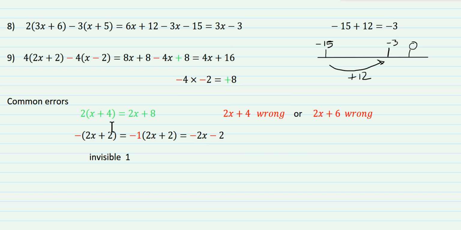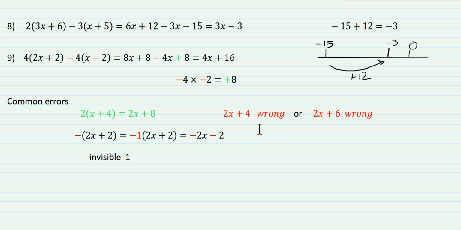Now a common error students make will be explained here. 2 into x plus 4 is actually 2 times x, so it's 2x, then the 2 times the 4, which is 8, so it's 2x plus 8.